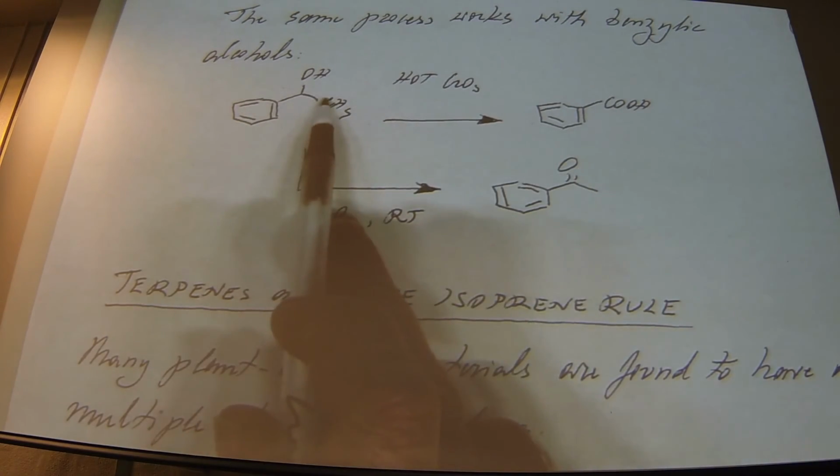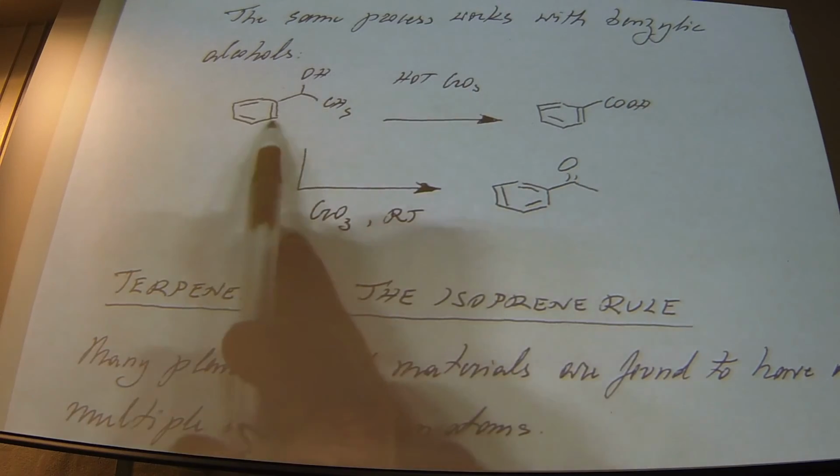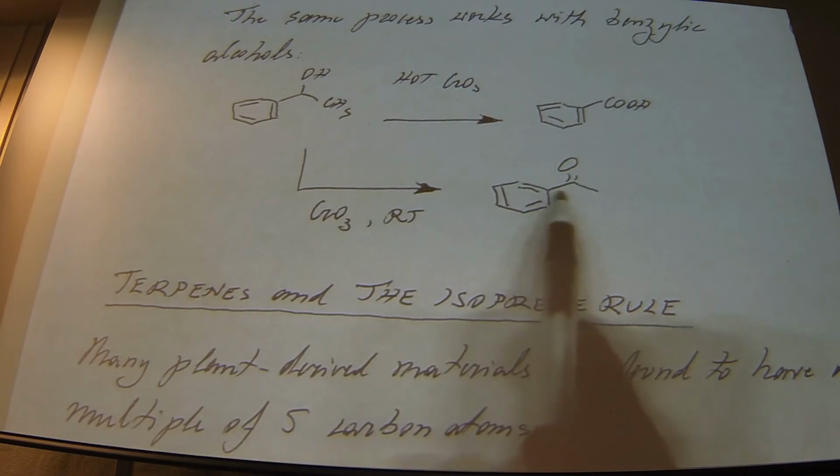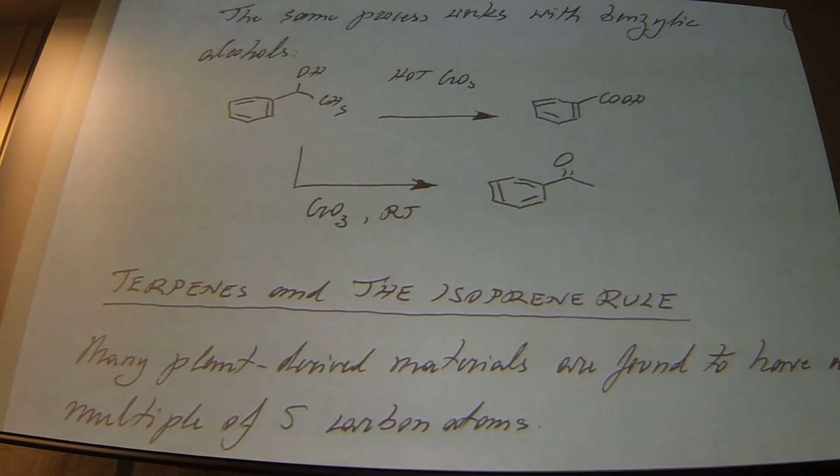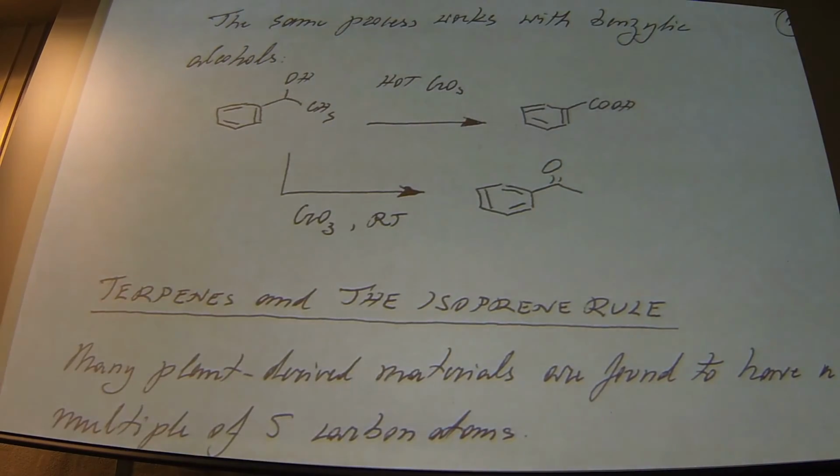So if you take this and heat it with chromium trioxide, presumably it goes through something like this, but it will eventually give you the carboxylic acid as well. Okay, so this is kind of the summary of benzylic and allylic reactivity.